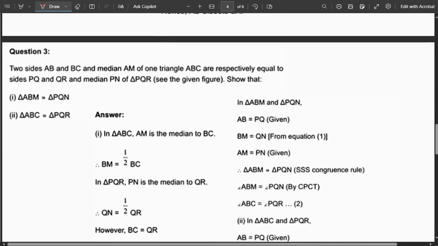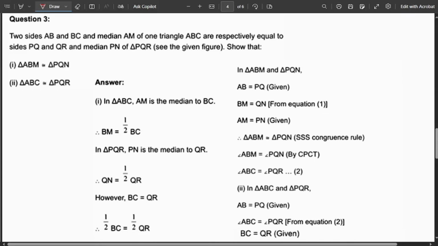Now come to question number 3. Here we are given two triangles, ABC and PQR, where in ABC, AM is the median, that means these two are the same, and in PQR, PN is the median, that means these two are the same.